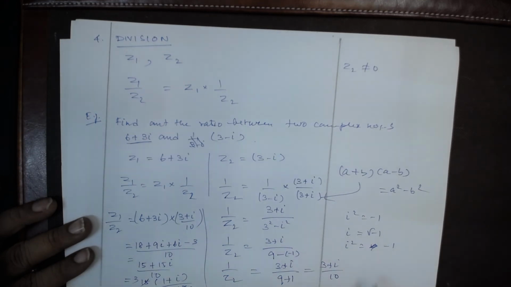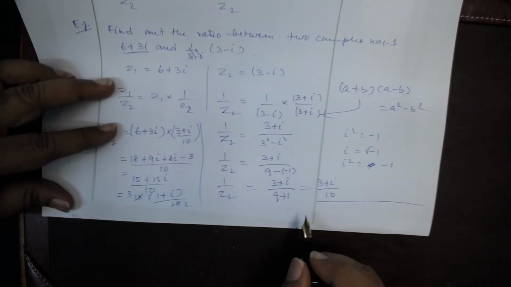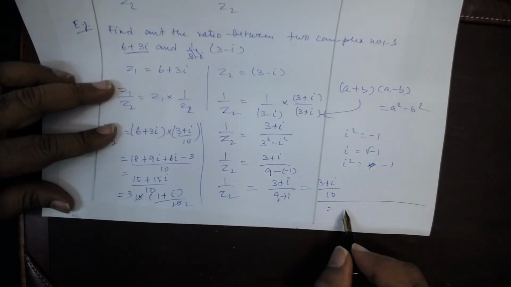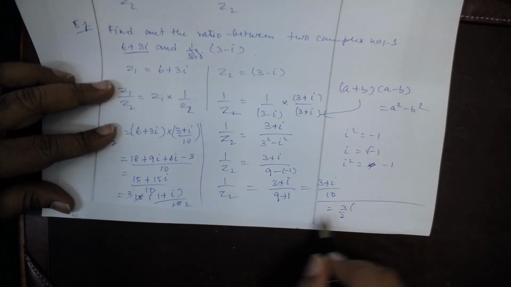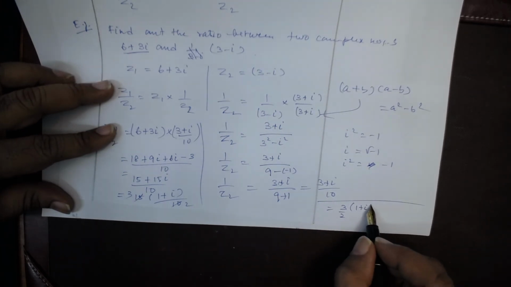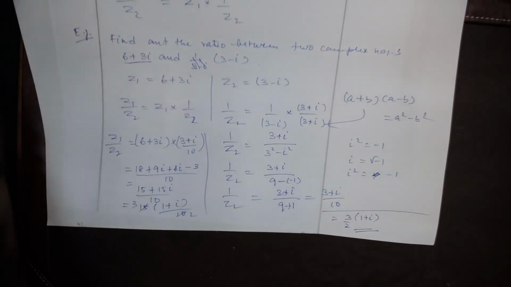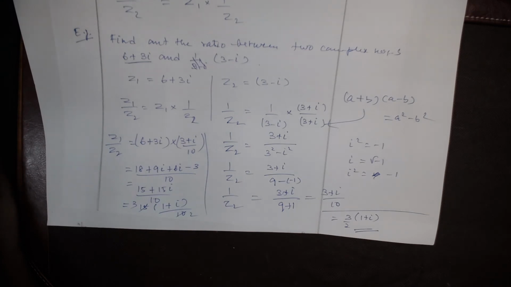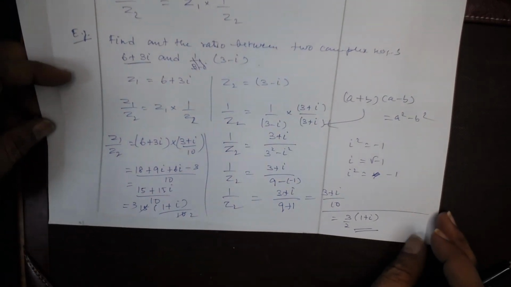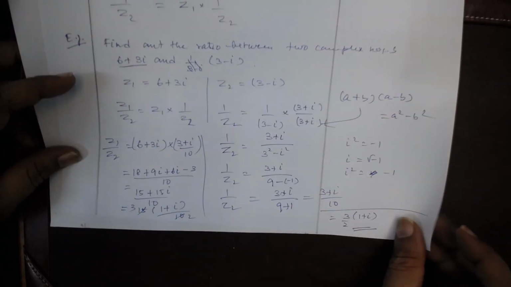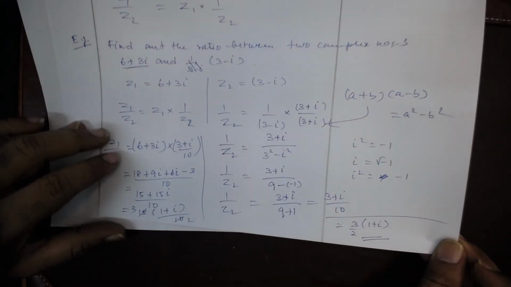It means the final answer can be written as 3 by 2 of 1 plus i. Okay. Is it clear?